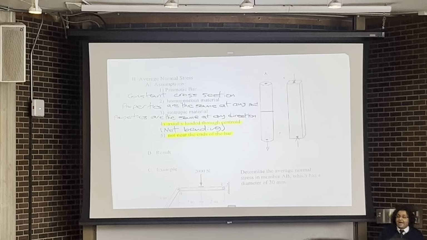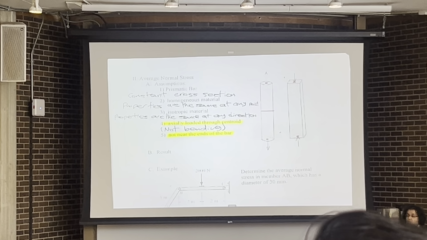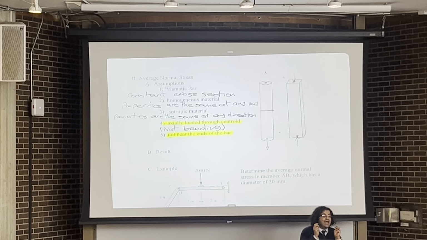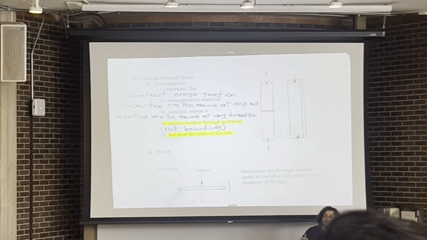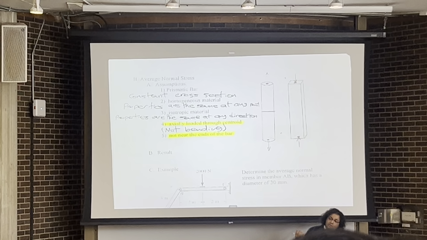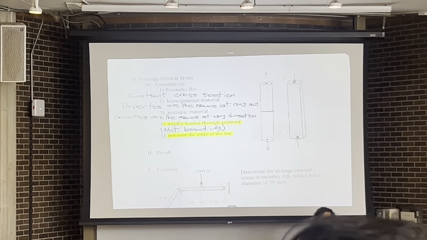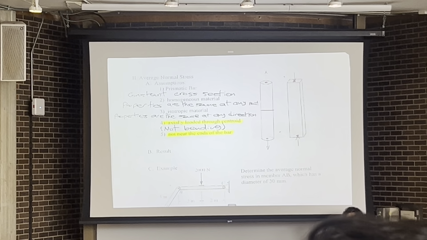So what will happen if we are close to the end points? We're not going to have a uniform distribution of stresses. We're going to have a phenomenon that we call stress concentration. So when we have stress concentration, this equation that I'm going to tell you momentarily is not going to be valid.